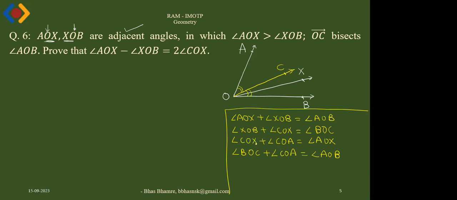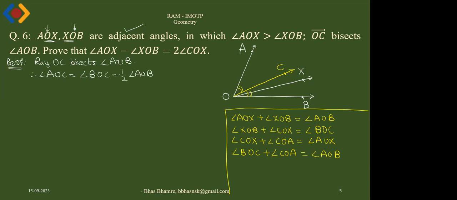So angle COX. Let's start our work. It is said that ray OC bisects angle AOB. So we have angle AOC equal to angle BOC, which is half of angle AOB.